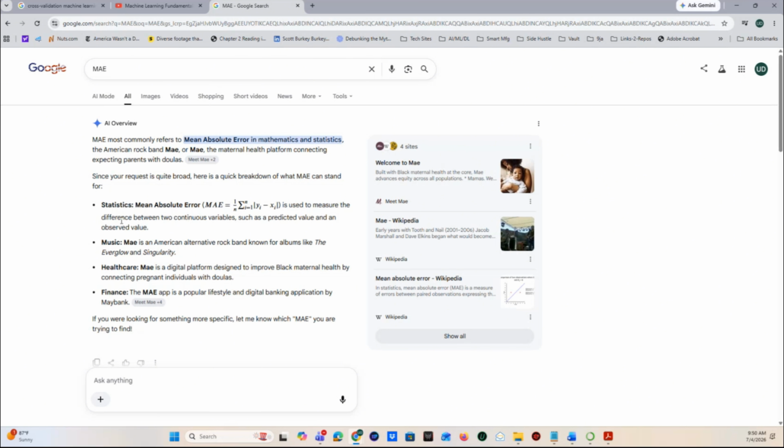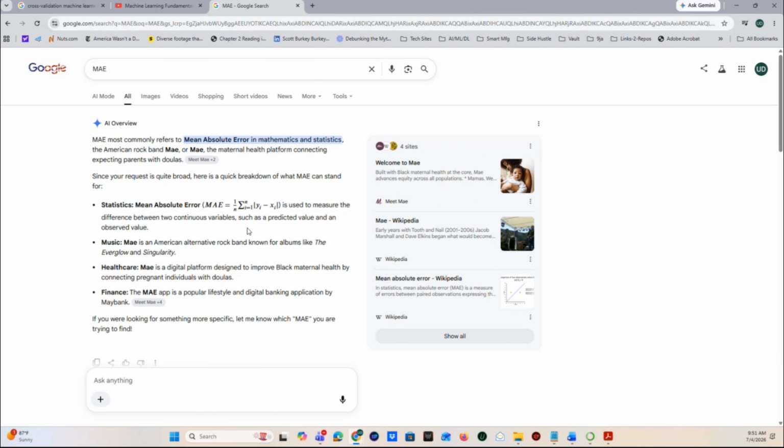It's used to measure the difference between two continuous variables, such as a predicted value and an observed value. So if this is one value and the other is the other value, you subtract them, and then you take the absolute value of them, and then you divide by the number of data points, right? And that's how you get your results.